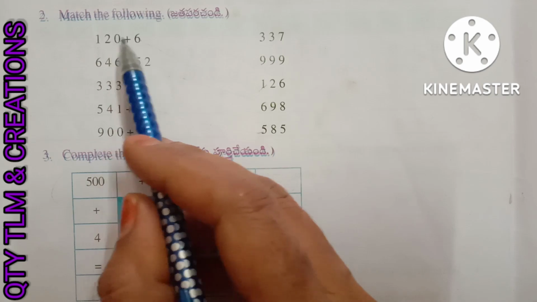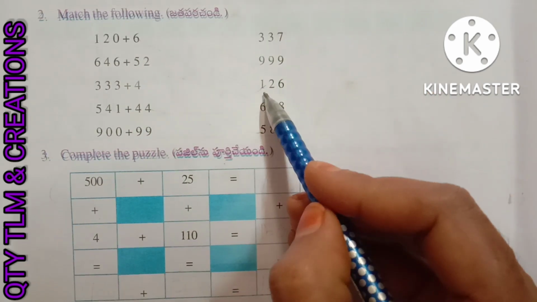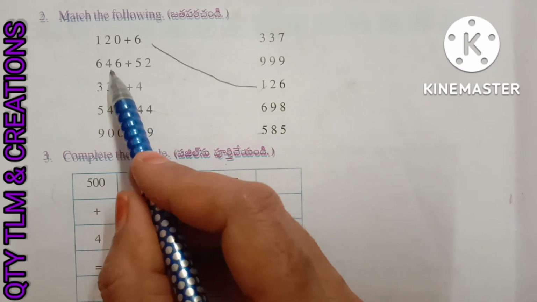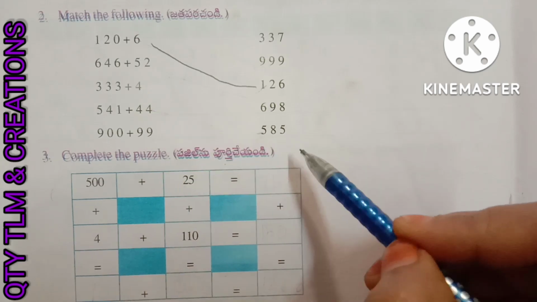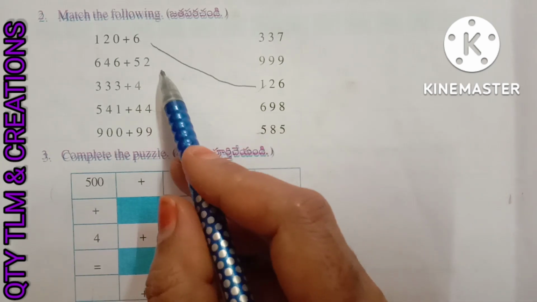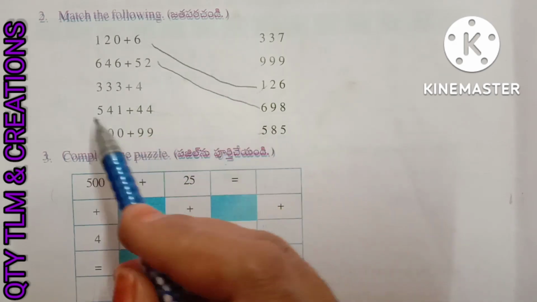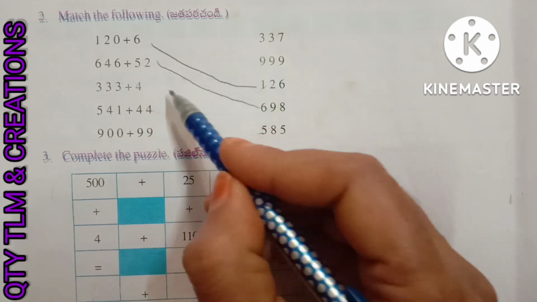Next one, match the following. Here 120 plus 6, we get 126. Where is 126 here? Here, 126. So we have to match 126. Next 646 plus 52, we get 698. So we have to match 698 here. Next 334 plus 4, we get 337.